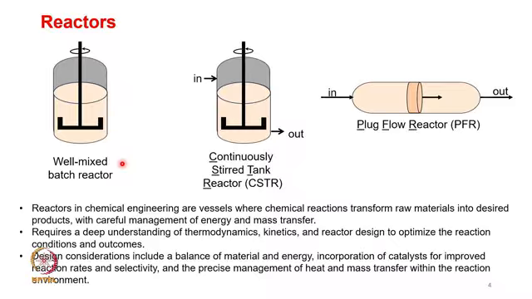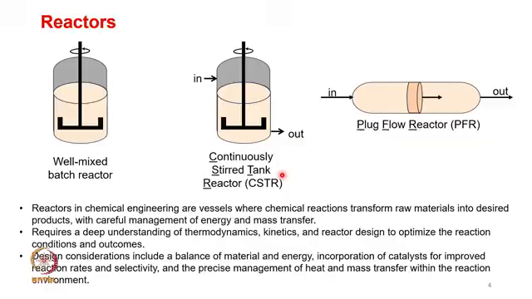There would be a stirrer inside, that's why we call it a well mixed batch reactor. You are typically not loading or extracting the feed continuously. On the other hand, in a continuous stirred tank reactor, as you know, you have a provision for continuous feed and continuous output.